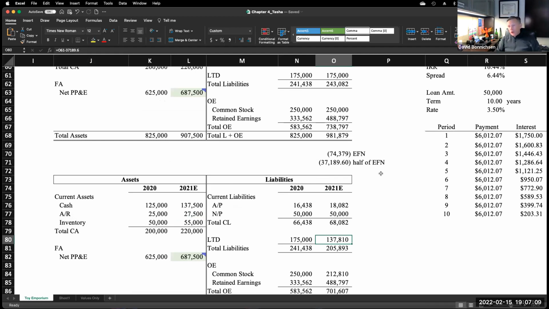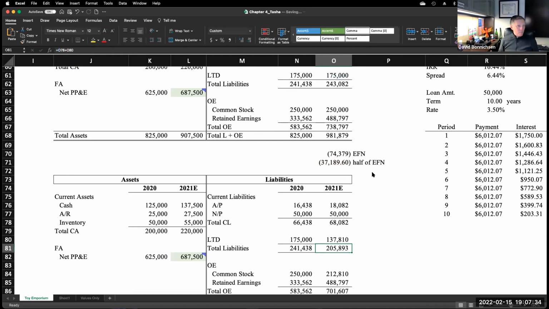Now, if I really wanted to be more error proof, I probably should not have hard coded half of my EFN. I should have just referenced that, linked the cell back.